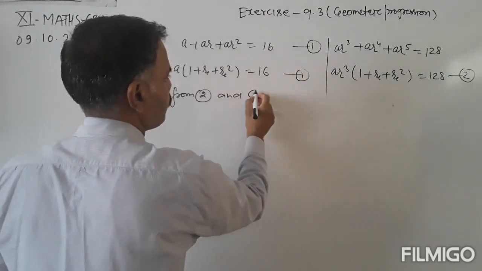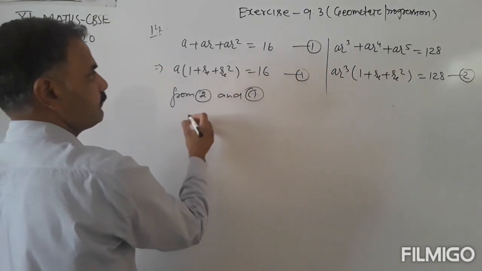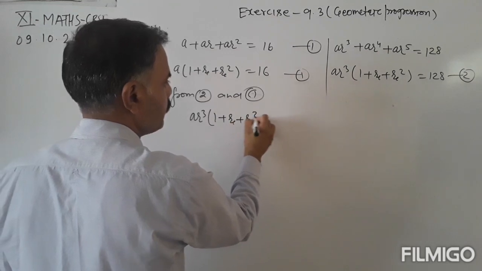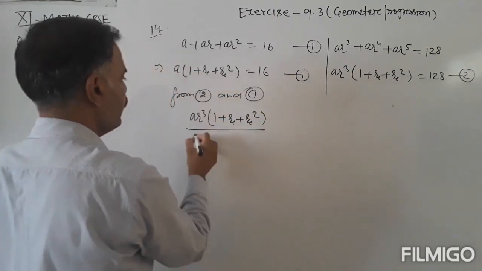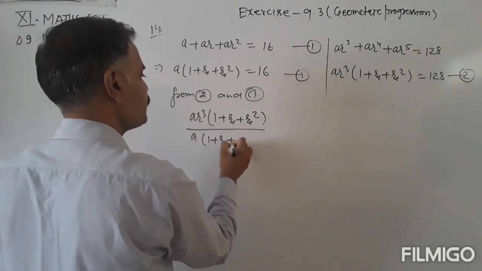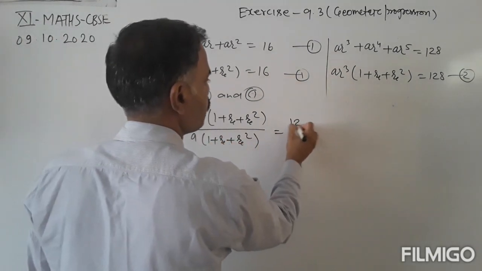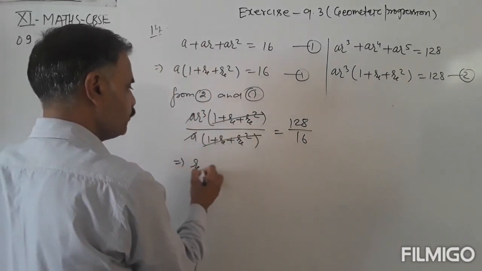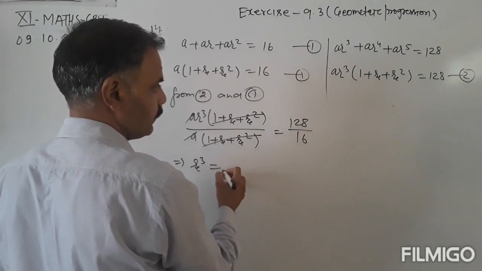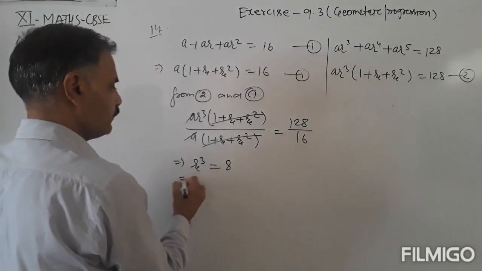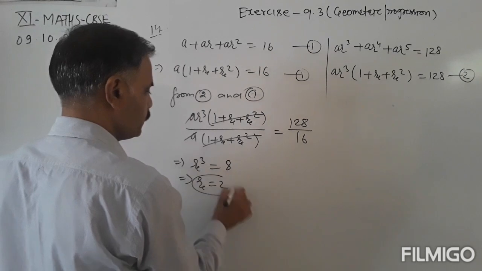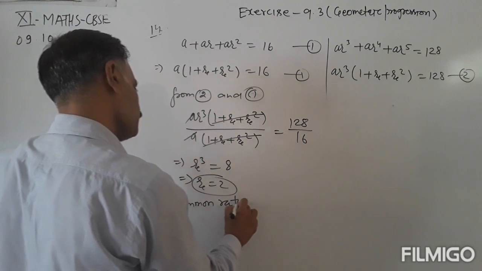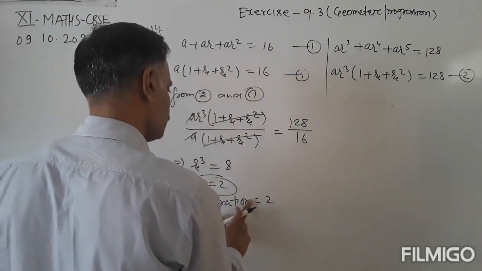Dividing second by first: ar cube into 1 plus r plus r square divided by a into 1 plus r plus r square is 128 upon 16. So this will cancel this. So r cube is equal to 128 by 16, that is 8, so r is equal to 2. So the common ratio is equal to 2.